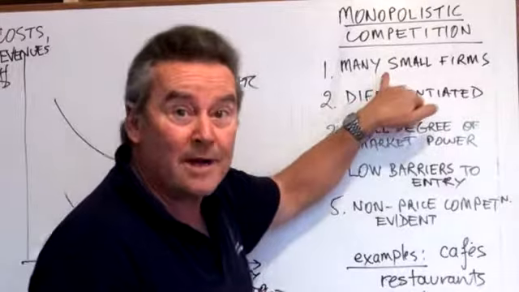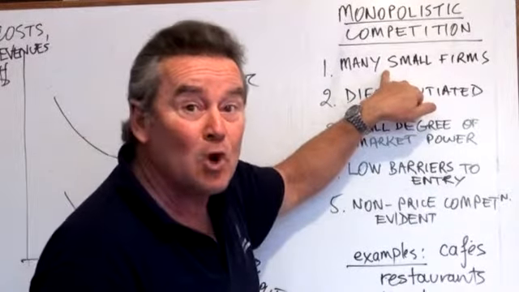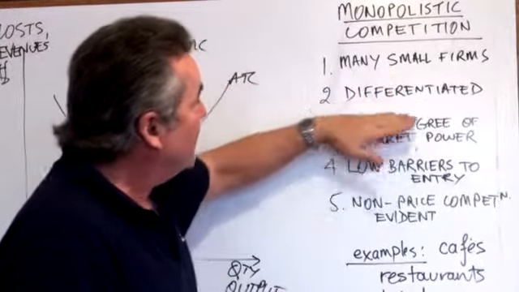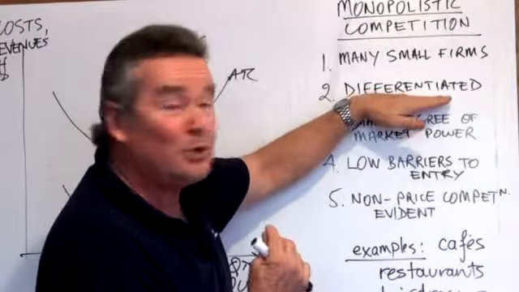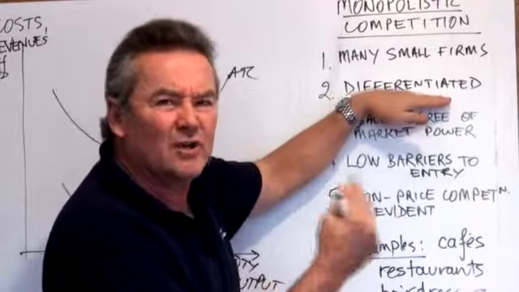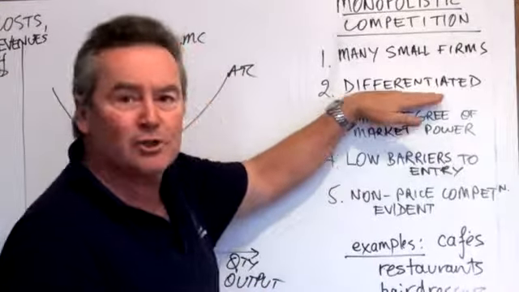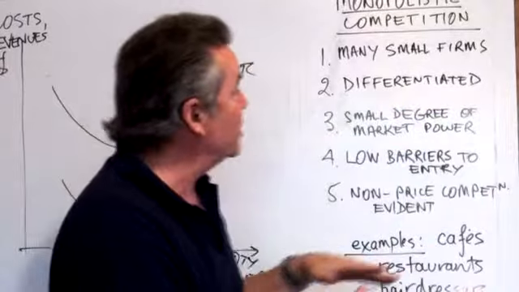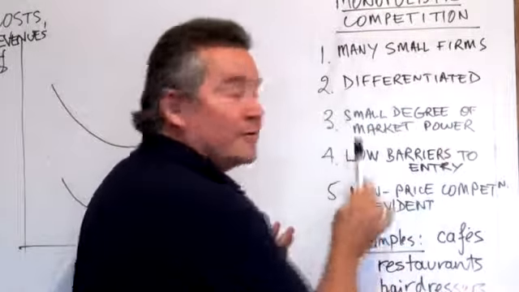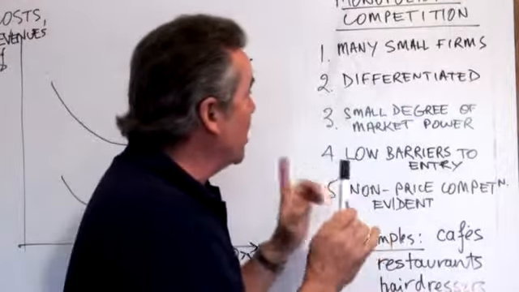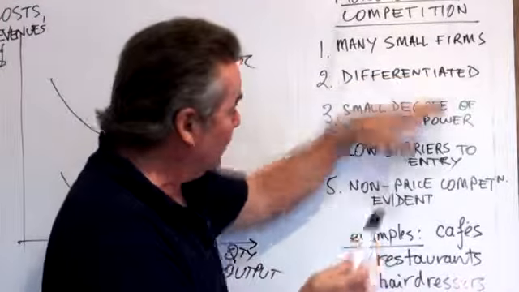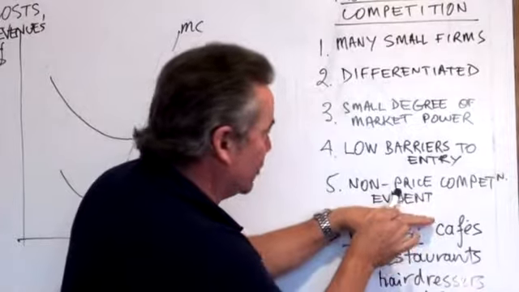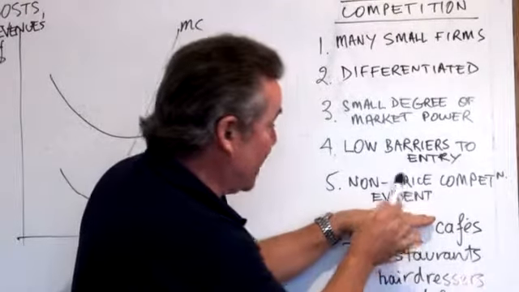We're still talking about many relatively small firms. Now here, big difference between this and pure competition where we use the word identical or homogeneous. Products and services here are differentiated, so businesses and firms go to great lengths to try and make their product and service appear different. So we jump down here, for example, to non-price competition being evident.